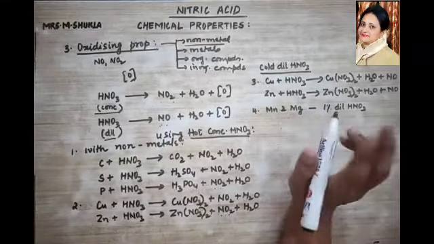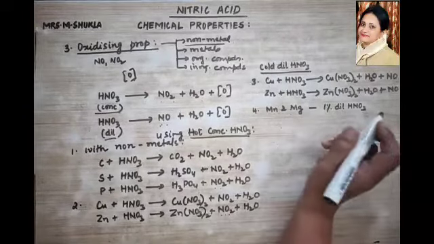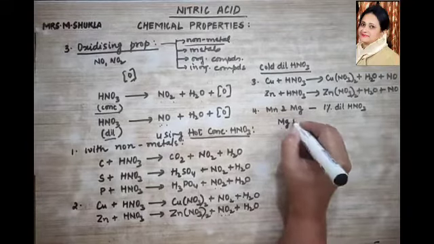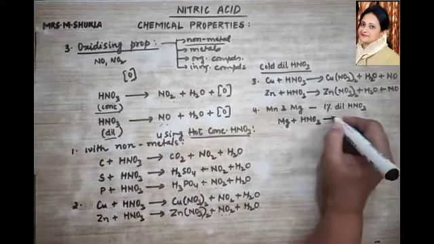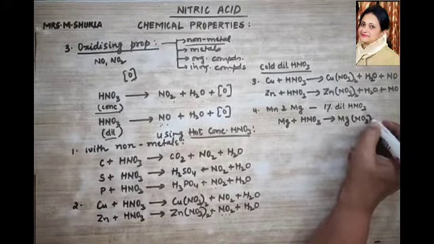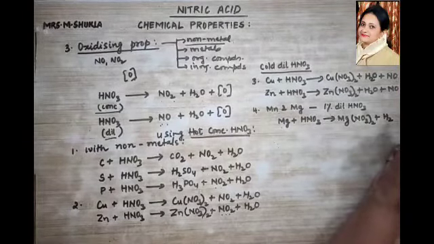Right? These are the only two metals, only and only two metals which can give hydrogen gas, right? So over here I can give you one example like Mg when treated with HNO3. What is it going to form? It will form Mg(NO3)2 plus hydrogen gas is given out.